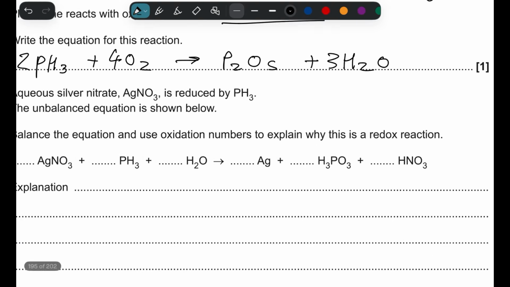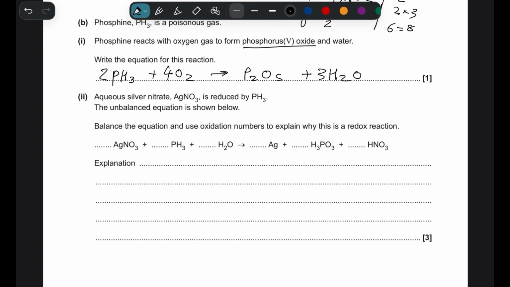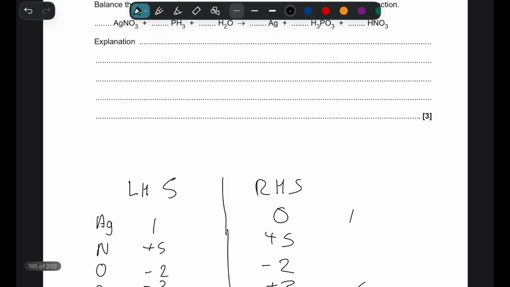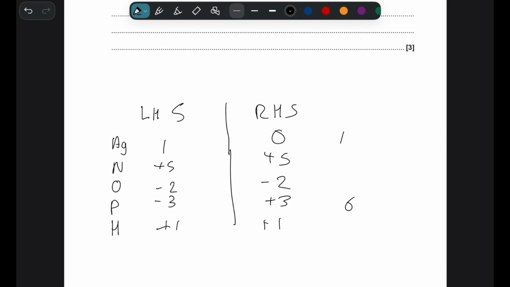Now this one looks insanely difficult to balance, so we're going to do it based on oxidation states, which I think is why it's hinted at in the question. It will be a bit easier. I've written all the oxidation states of the elements here. You can see this is done a -1 and this is done a +6.